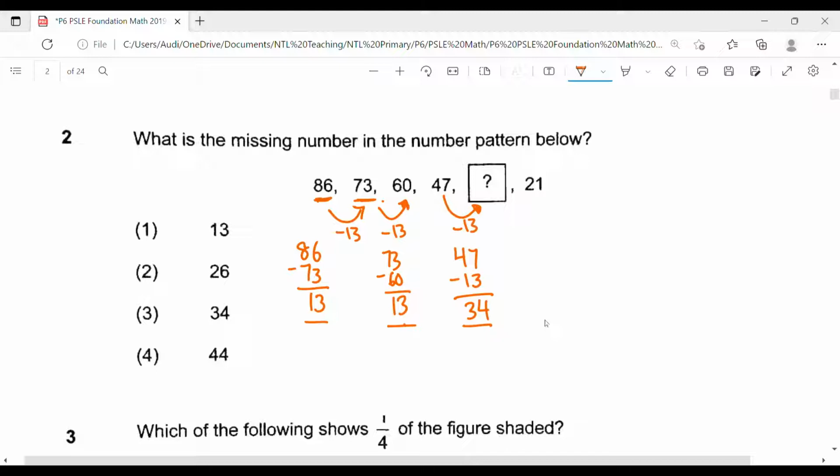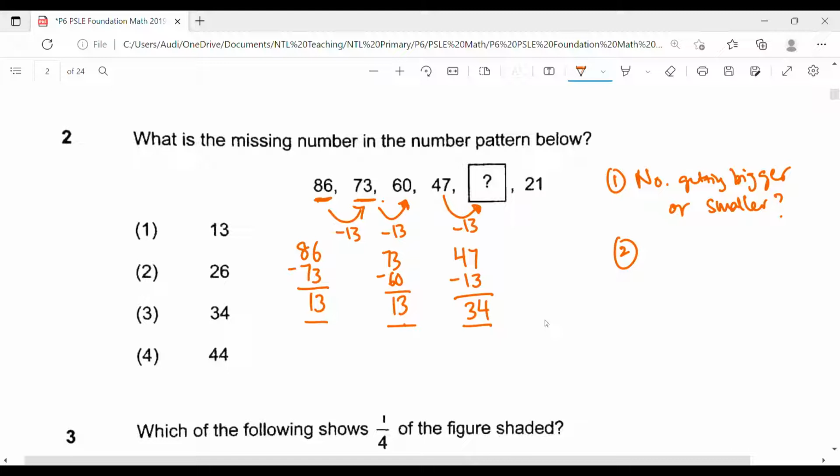So you want to do two things. First, ask yourself whether the numbers are increasing, numbers getting bigger, or the numbers getting smaller, decreasing. Okay? Now in this case, you want to see they're decreasing, right? They're getting smaller, so you want to see they're decreasing by how much.